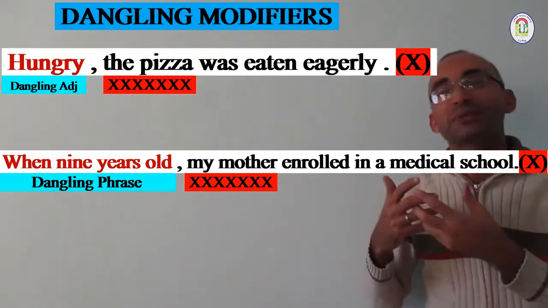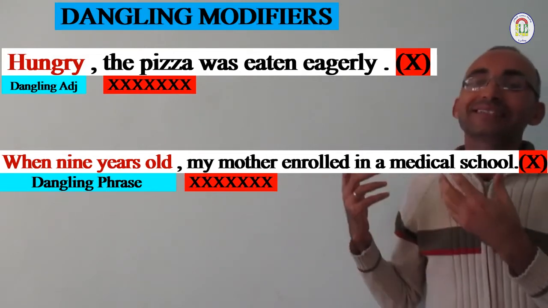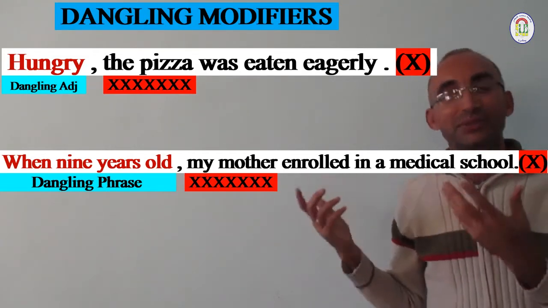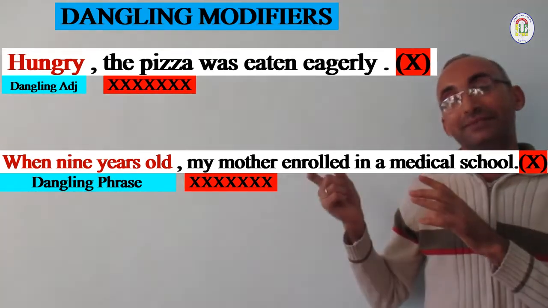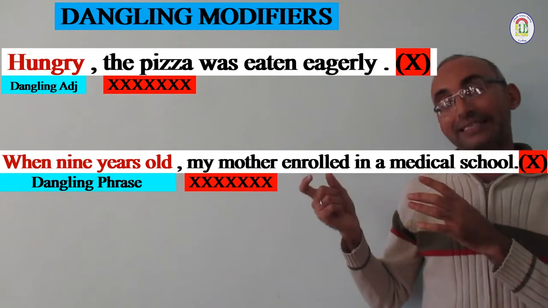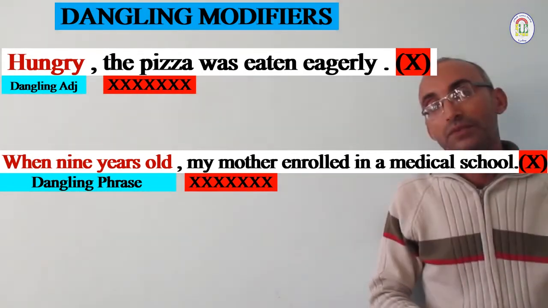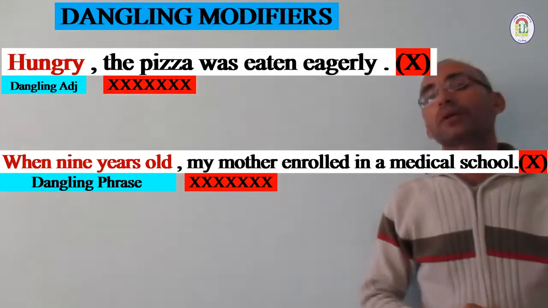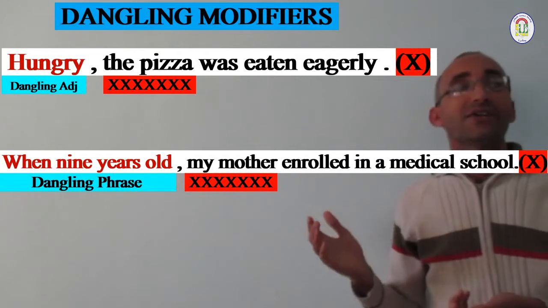But of course, it's impossible to enroll in medical school at the age of 9 years old. So here the real subject is missing and we have the wrong word, which is my mother.